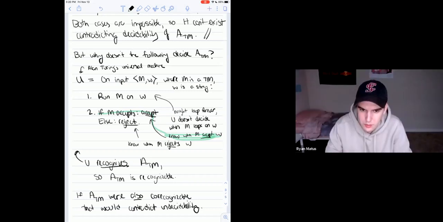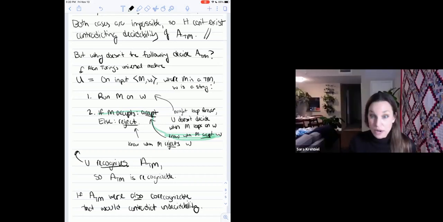I see. And then you can also maybe prove that it's unrecognizable instead of just recognizable. So it is recognizable. This shows that it is recognizable, but this contradiction shows that it is not co-recognizable.